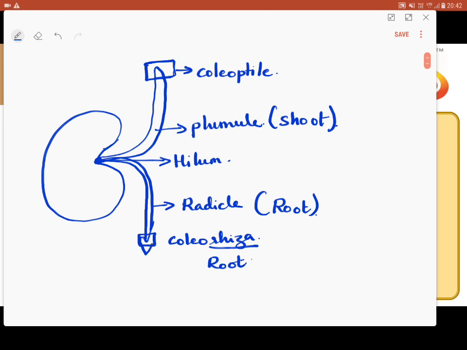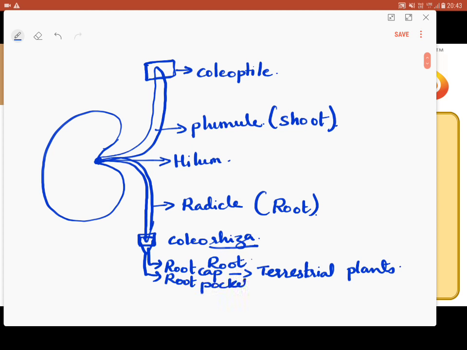This will further have another covering called as root cap in case of terrestrial plants, and it is called as root pocket in case of aquatic plants. So, now this is the main part, what is radicle, which forms the future root.